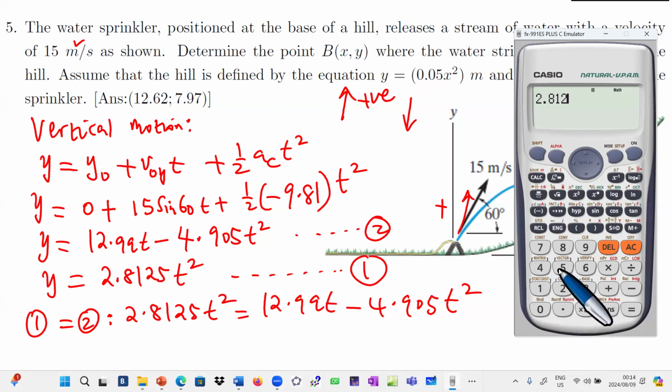2.8125 plus 4.905, and what we're getting is 7.7175.